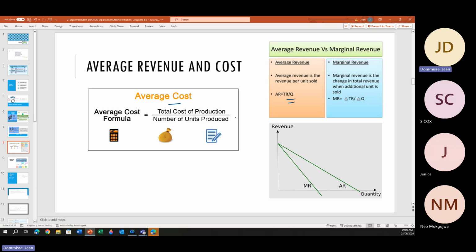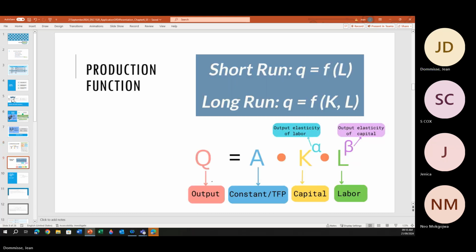Average cost will be your total cost divided by Q. Your marginal cost will be that change in the cost divided by Q.